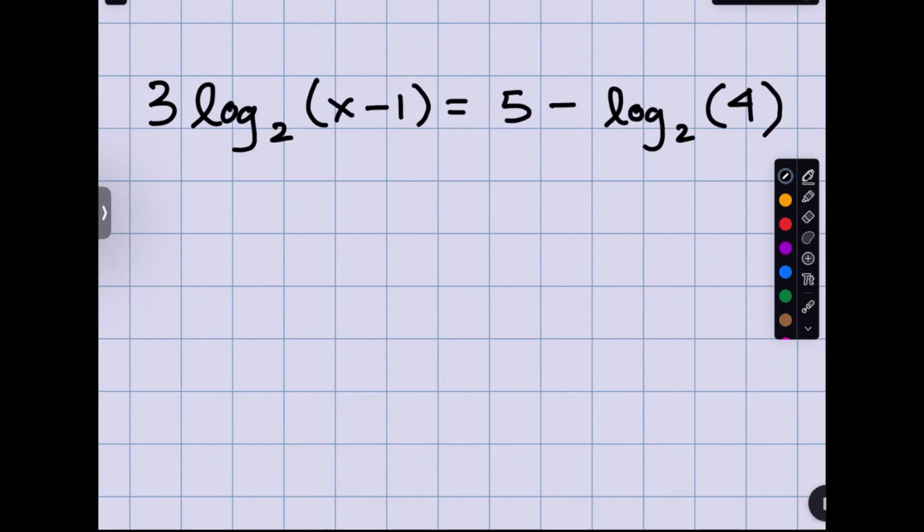Try it. I need you to try. I need you to make mistakes. You can. It's just what you did after that is wrong. When you divided 3, it was wrong. That's what I'm saying to you. When you divided 3 is where it went wrong. But you can apply some rules.